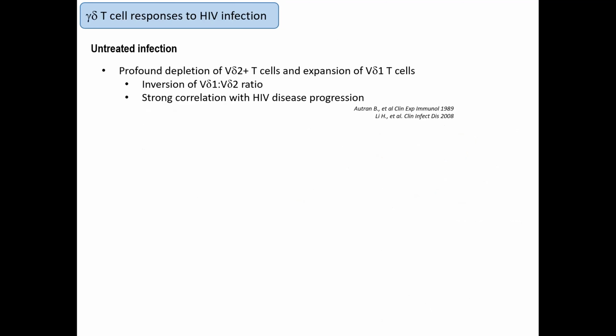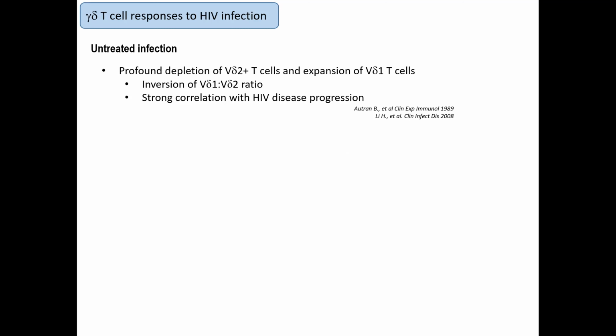However, in HIV infection, these VD2 T cells, rather than expand, are depleted, and we can see an expansion of the VD1 T cell population. So this leads to an inversion of the VD1 VD2 T cell ratio, which is normally found in healthy individuals. And this strongly correlates with HIV disease progression.